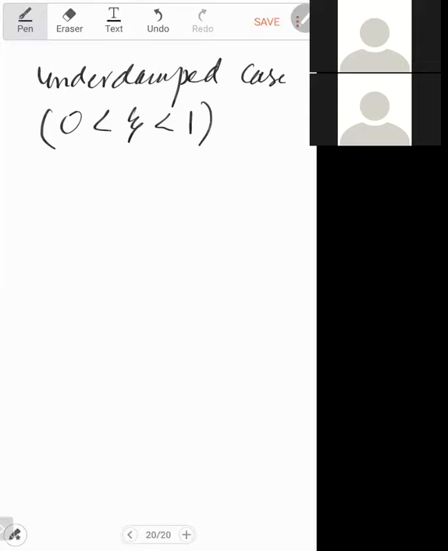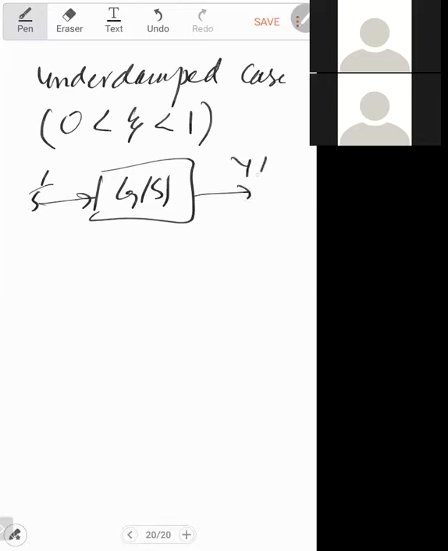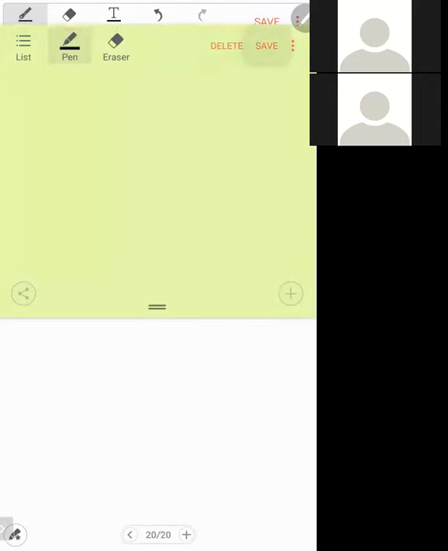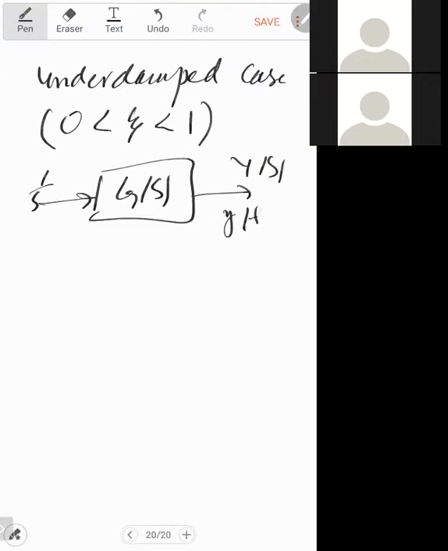So let's say that we go back to where we started. We have G of s, which is the second order system, and then 1 over s is applied at the input, meaning the unit step function is applied at the input. We are going to find Y of s, and in general, Y of t.